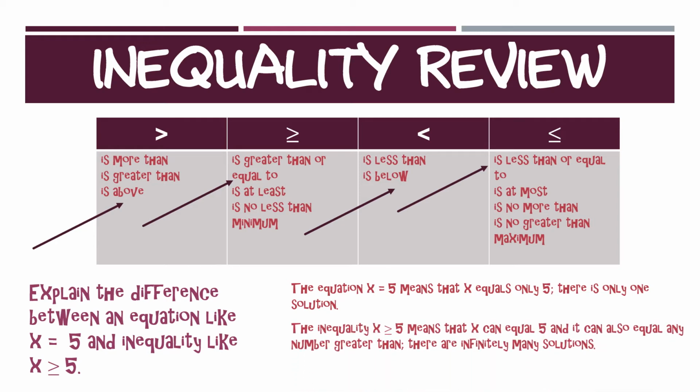The inequality x is greater than or equal to 5 means that x can equal 5, but it can also equal any number greater than 5. There are infinite solutions here. 5, 10, even 100 would work because it's greater than 5.